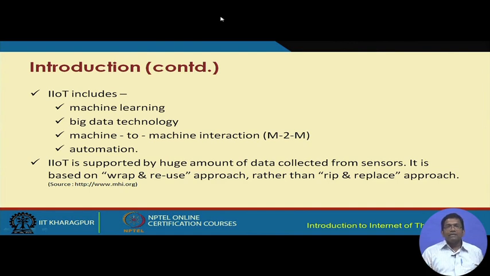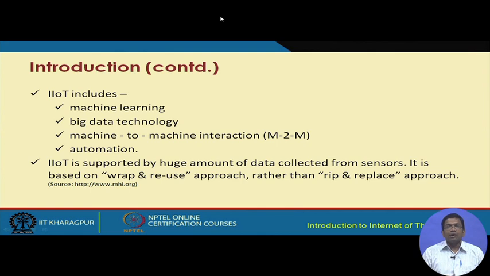IIoT is supported by a huge amount of data collected from sensors. It is based on a wrap and reuse approach rather than a rip and replace approach. What is meant by these terms is, when we talk about IIoT, we are not talking about building a new system from scratch.